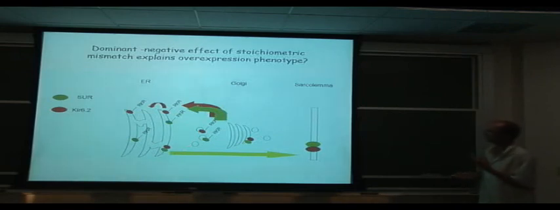But those two retention signals are mutually masked when SUR and Kir6.2 are co-expressed, and that mutual masking allows them to exit the ER and be transported to the surface membrane.